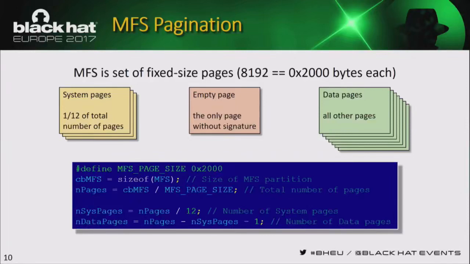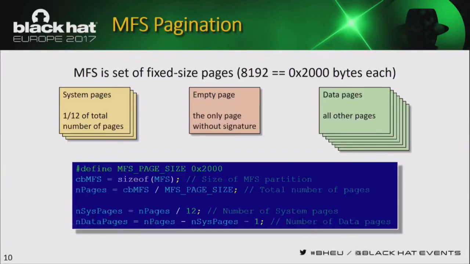A system page doesn't contain data, but contains information that is necessary to recover that data, to build it at the file level. There is always one empty page that is used neither by system data nor by file data. And all other pages are data pages, and usually they are the most valuable and they occupy the most pages.